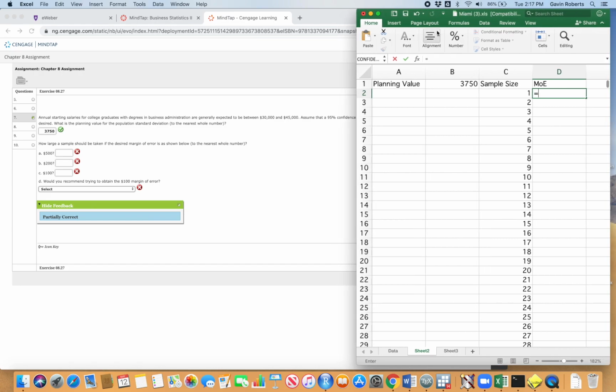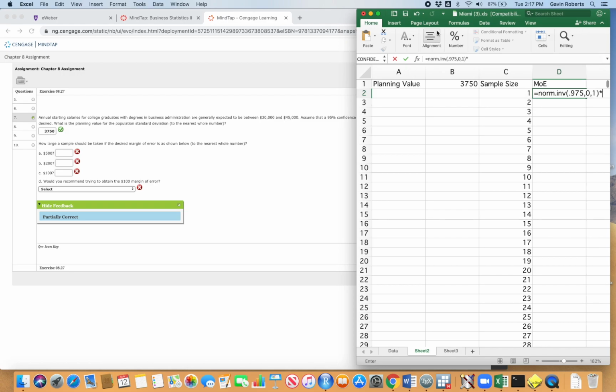95% confidence interval, so that's going to be a NORM.INV, 0.975 is going to be the area to the left, 95% confidence interval. 0, 1, this is a z distribution.